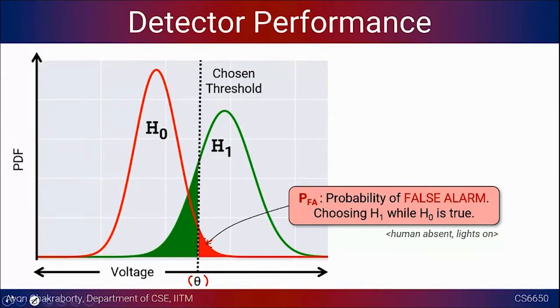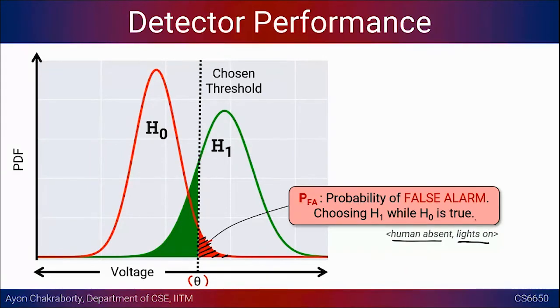This area that I have marked with these black lines is probability mass that is already there in H0, which means there will be a few cases where you have a false alarm. So you are going to choose H1 although H0 is true. Although the human is absent, you are going to detect that the human is present and turn on the lights. This is the case of false alarm.